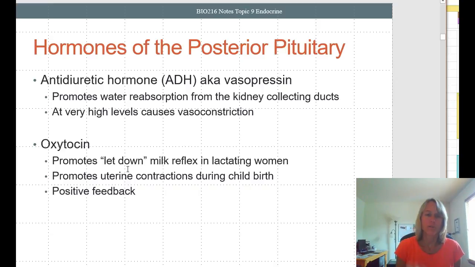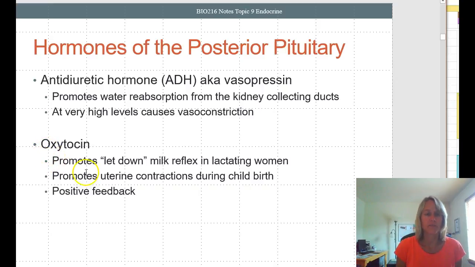So it allows a part of the nephron that's otherwise impermeable to water to reabsorb water. And thus that would increase blood volume and blood pressure. At very high levels, ADH can also cause vasoconstriction, so that would cause an increase in total peripheral resistance and an increase in blood pressure that way.